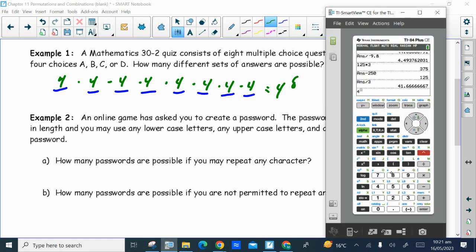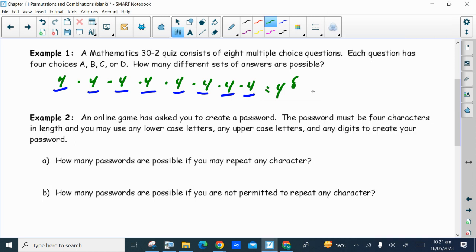And so 4 to the power 8 is 65,536. So that's how many different possible answer sheets could be filled out, if you were guessing at every one.